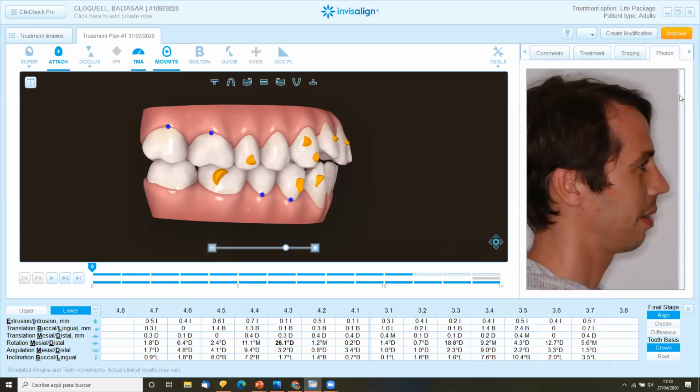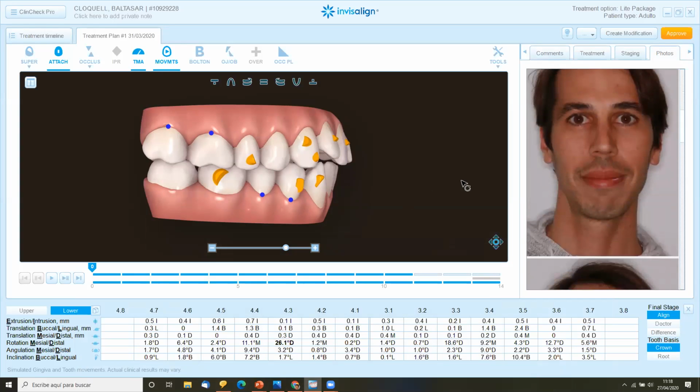looking at our records. Because remember, the Clincheck on your left, this is science fiction, okay? And we have to transform this science fiction movie into a film, a movie that at least is based on true facts, okay?